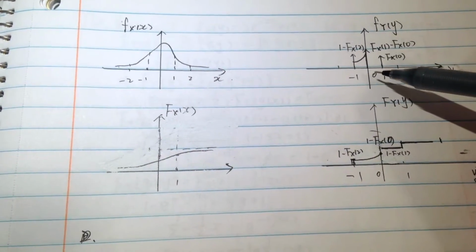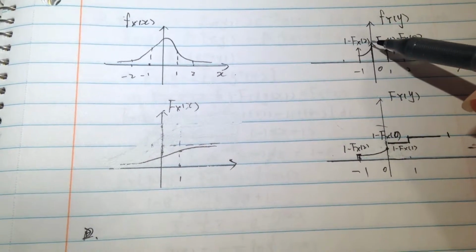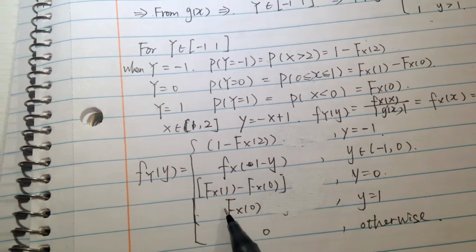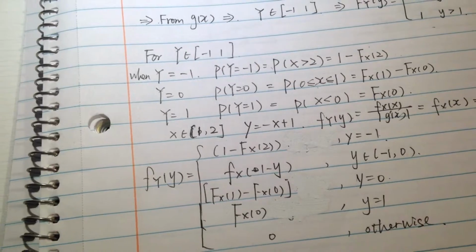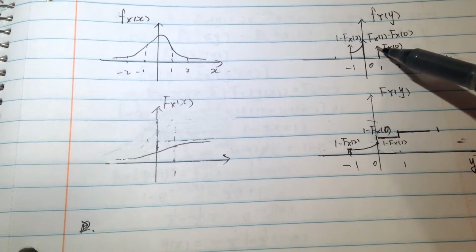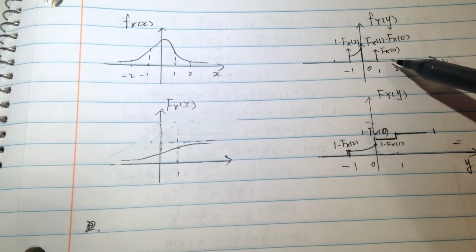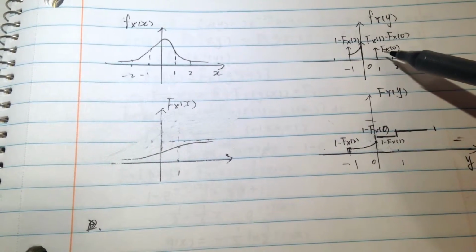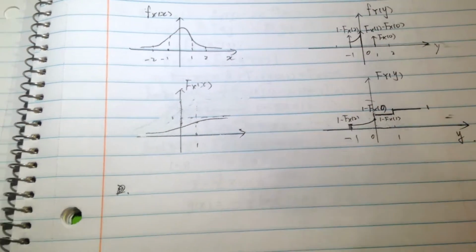When Y equals 0 there is an impulse function with area Fx(1) minus Fx(0). When Y equals 1, this is also an impulse function, and the area is Fx(0).